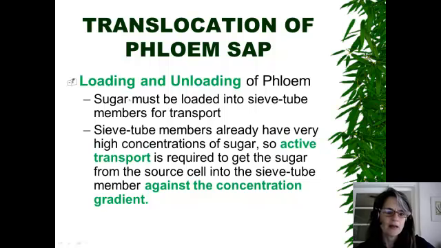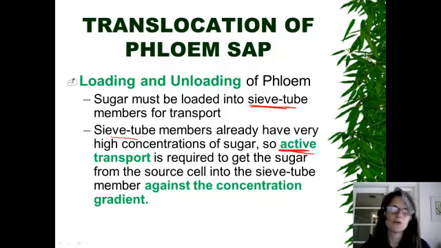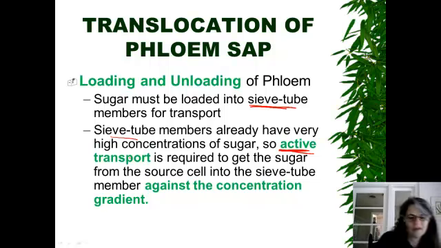So sugar has to get loaded into the phloem cells, the sieve tube members. Remembering that sieve tube members are there to transport sugar, so they already have a lot of sugar in them if they're working. So we're going to have to use active transport to push even more sugar into a place where it's already high in sugar.